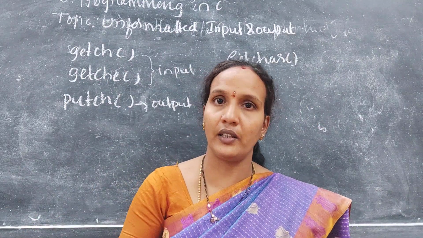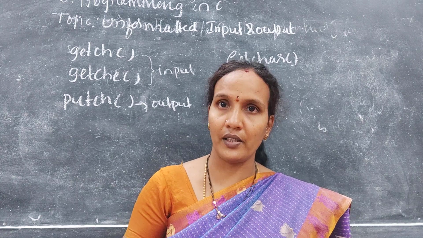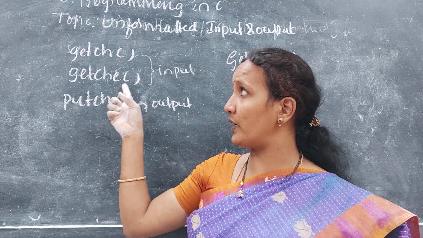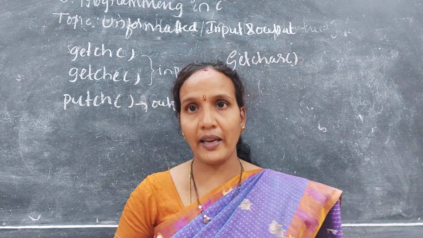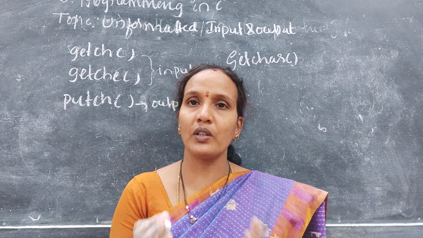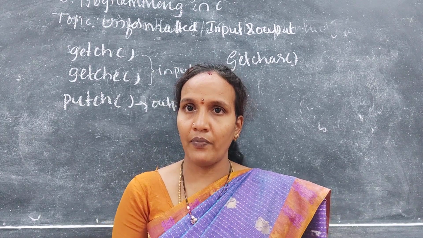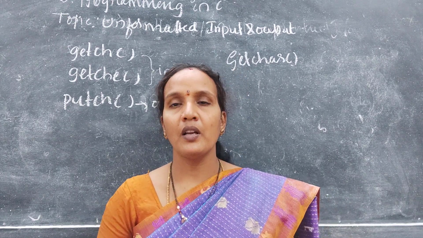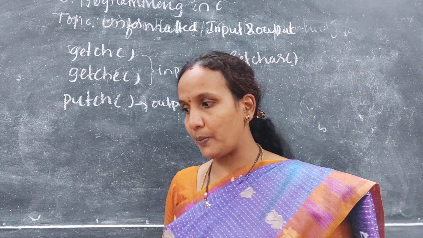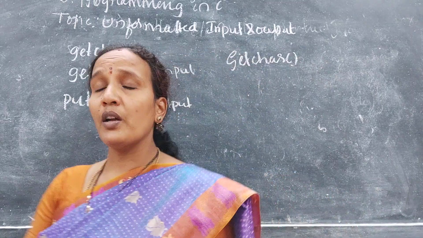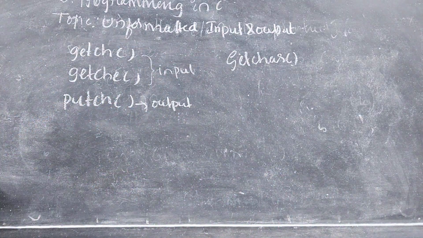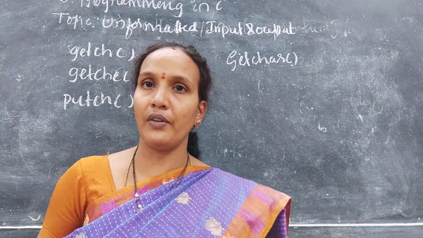Whatever character the user gives is not visible. But using getche, whatever character the user gives is printed on the output screen. It means whatever character the user enters is visible. If it is only getch, whatever character the user presses is not visible. Okay. So getchar means the user needs to give a character.